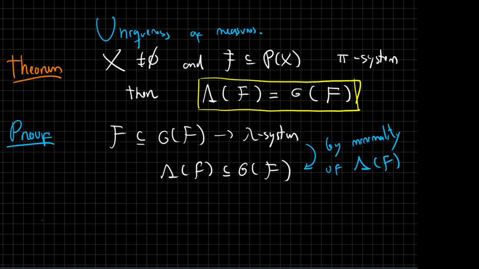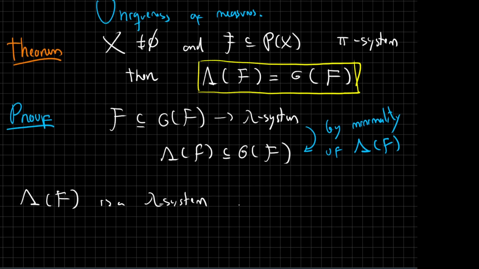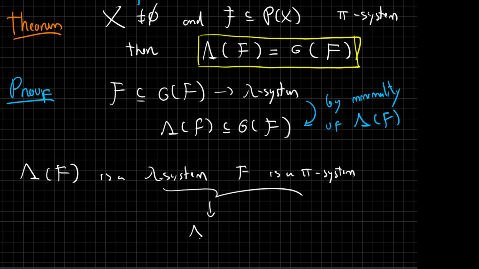Now we need to recall that this is a lambda system, and F is a pi system. So from here we will show that this set is also a pi system.